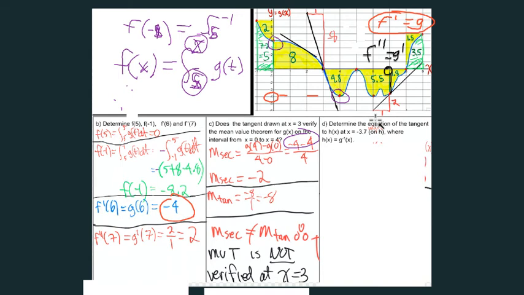So h of x, and then you read on, and then eventually it says that h of x is the inverse of g. Okay, h of x is the inverse of g. And so let's start going down here. And it says that you want to find the tangent slope on the inverse at -3.7.